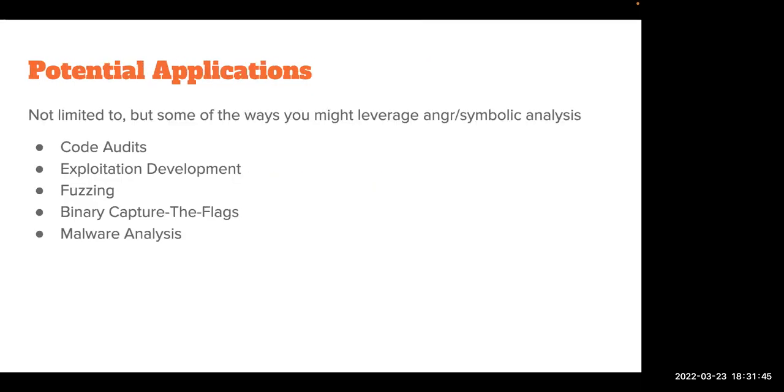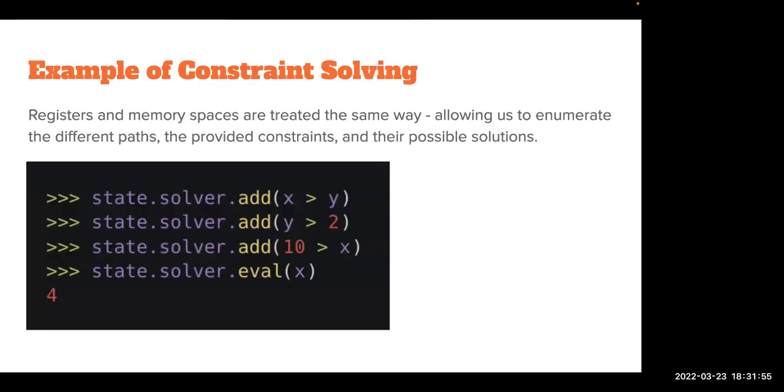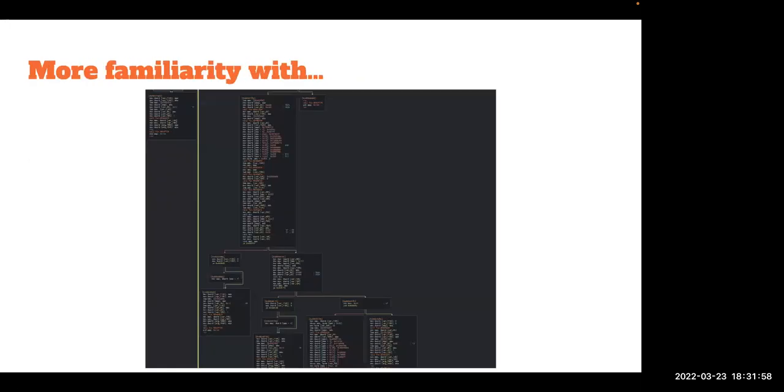But with capture the flags, it was kind of alluding back to the previous example. If you're looking at the control flow graph for a capture the flag or whatever, you can load the program into Angr and you can use concolic analysis.